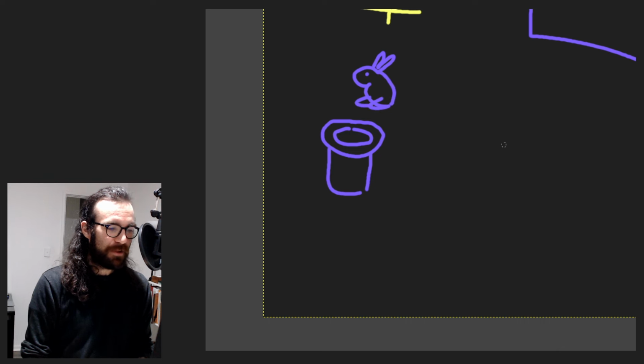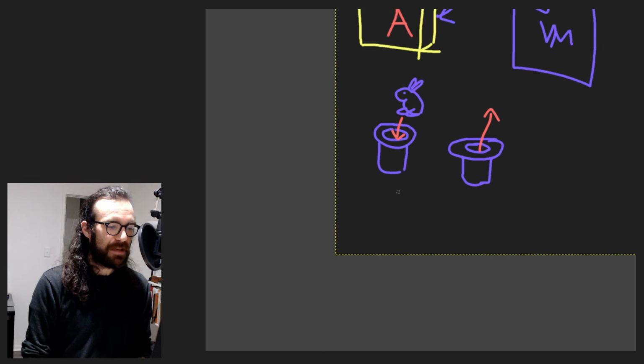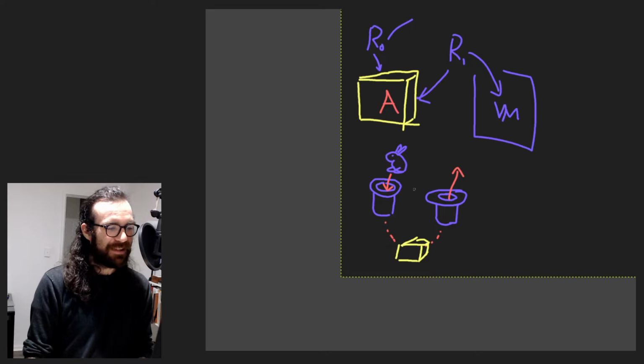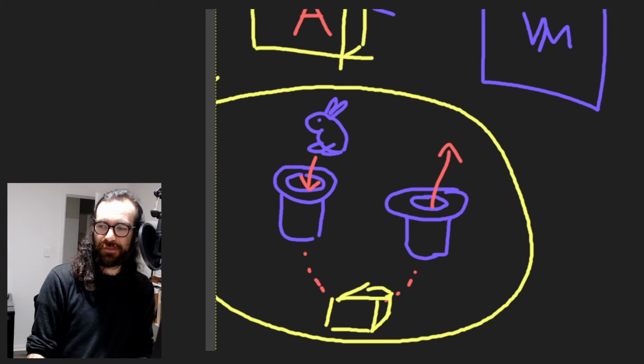I want the rabbit to go in here, and I want it to come out of a second hat. That's basically what I'm describing, right? Because they're both intrinsically tied to the same physical location somewhere in the ether. This is the scenario.